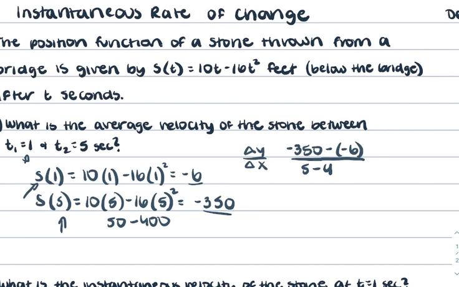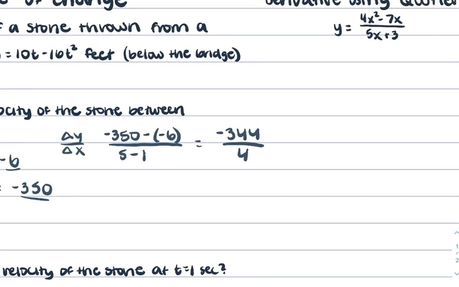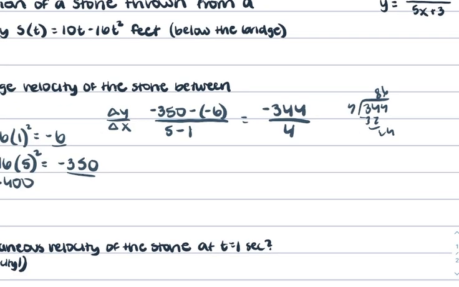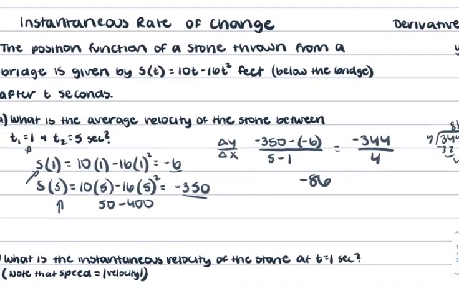So negative 350 plus 6 is negative 344, divided by 4, which is negative 86.